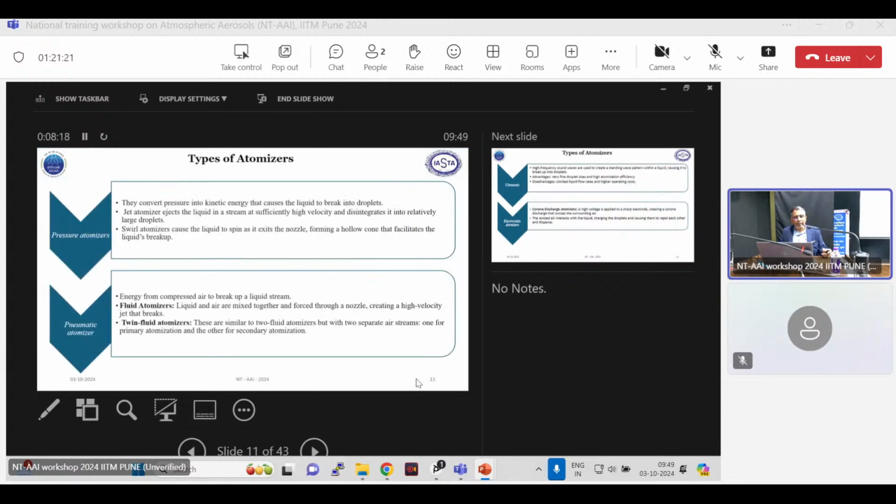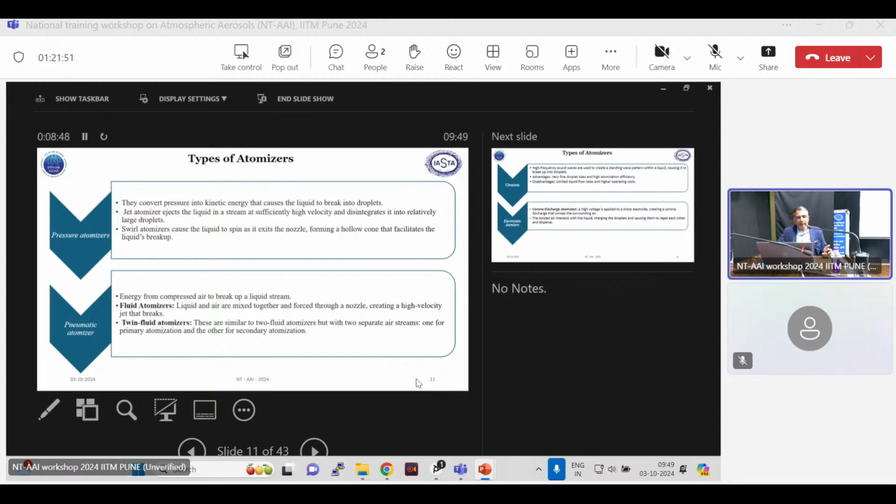Types of atomizer include the pressure atomizer, where we generate aerosol by a high pressure air jet so that the liquid film breaks into fine droplets. These are the jet atomizer and the swirl atomizer. In the swirl atomizer, the air jet is rotating so that it creates fine particles.